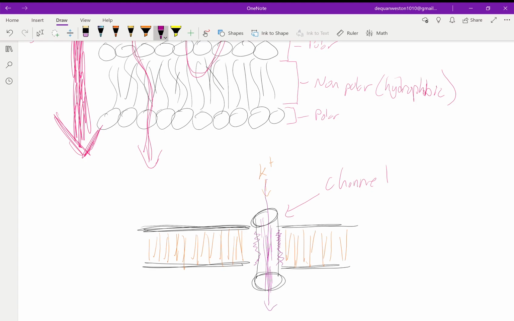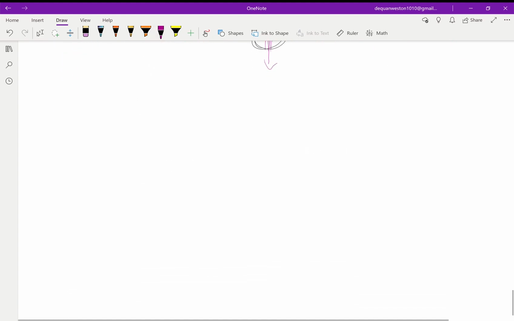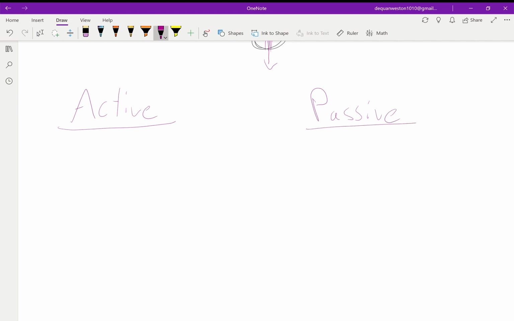So next we'll talk about active and passive transport. Active is low to high. Passive is high to low. This can also be diffusion.